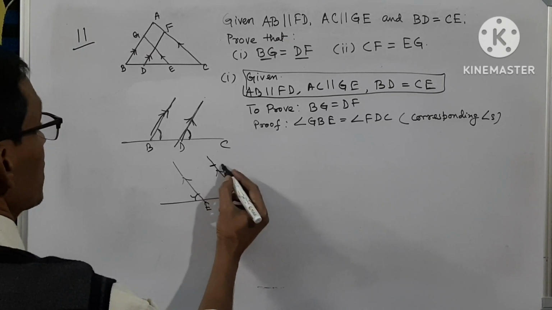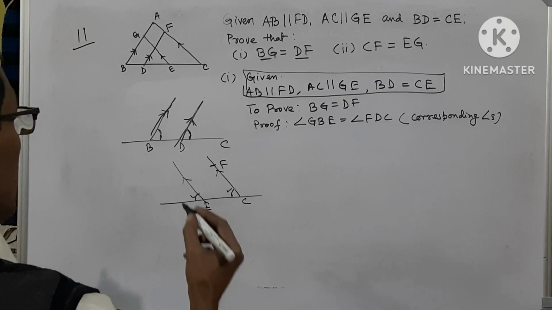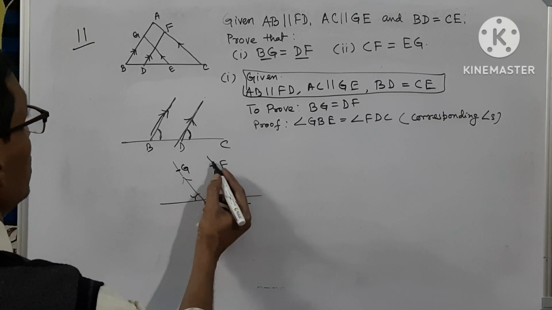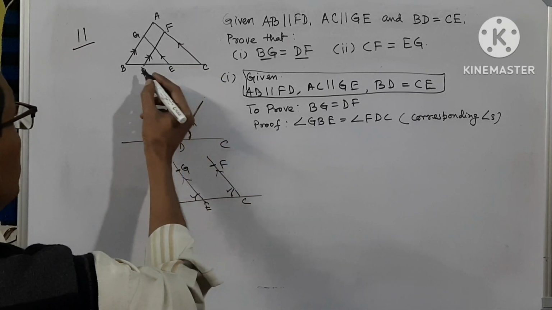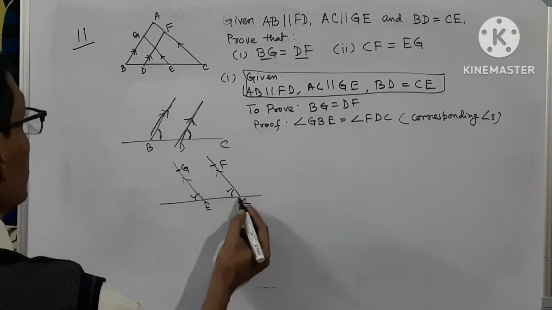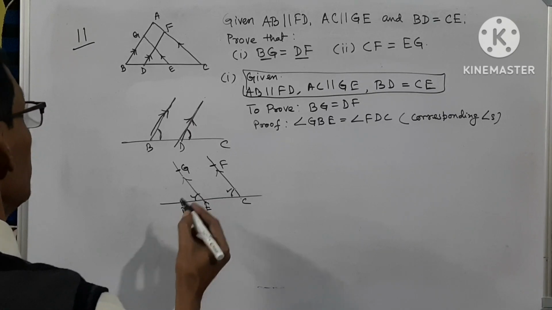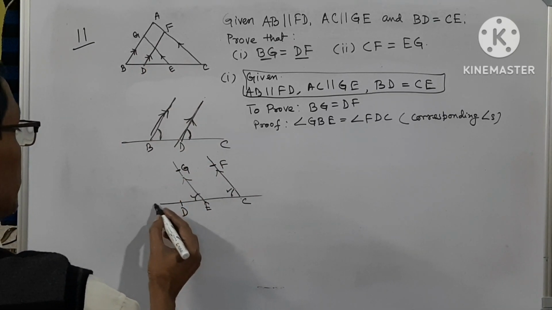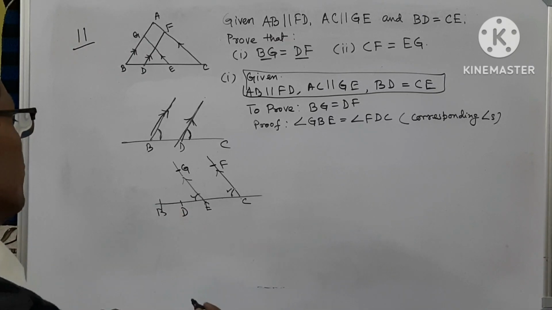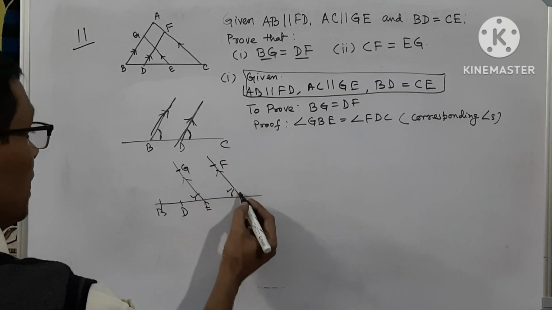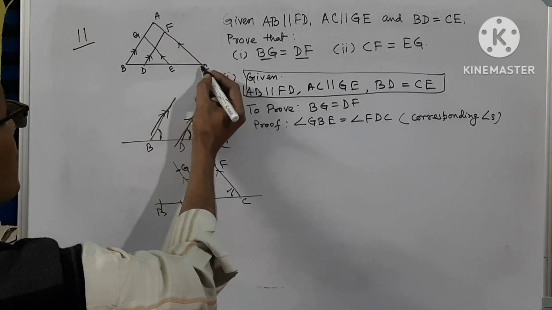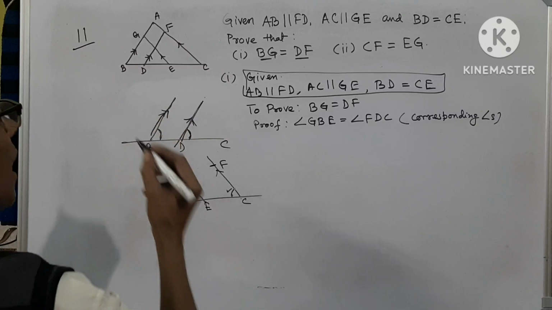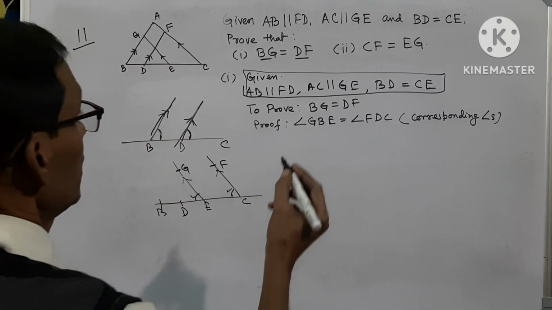So F, C, D, and G, E, B. So this angle FCD and GEB are equal for the same reason.